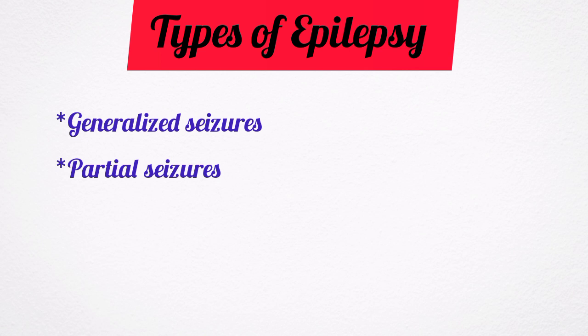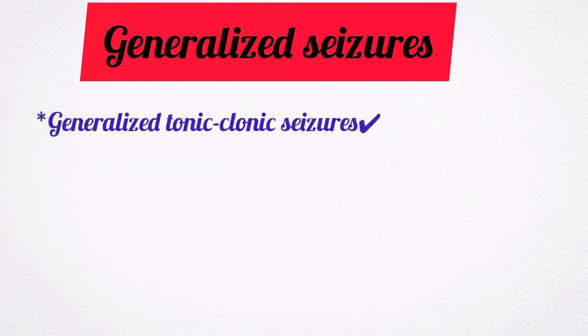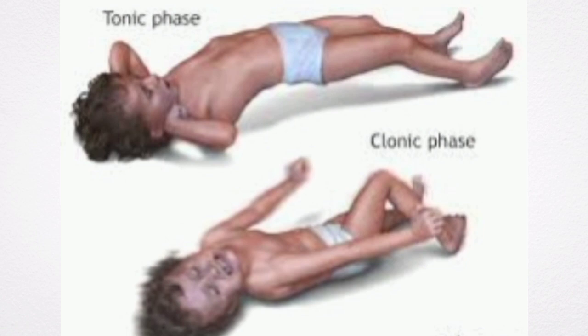Epilepsies have been classified as generalized seizures and partial seizures. Now, generalized seizures are further classified as number 1, generalized tonic-clonic seizures. Generalized tonic-clonic seizures can be called major epilepsy. We can also call it grand mal epilepsy.